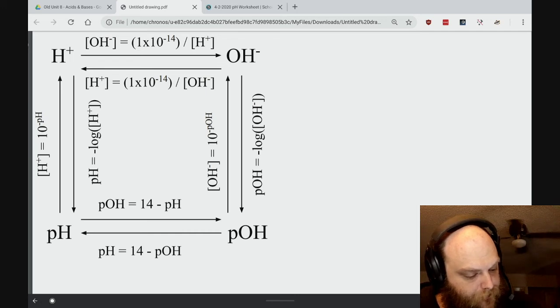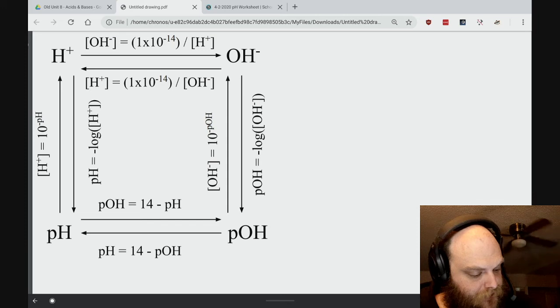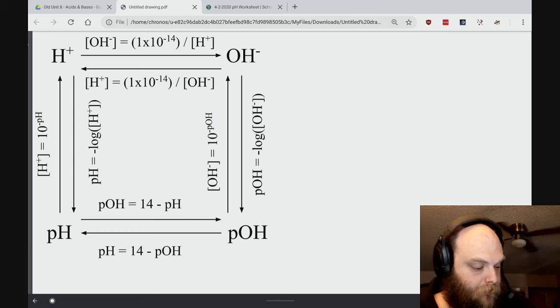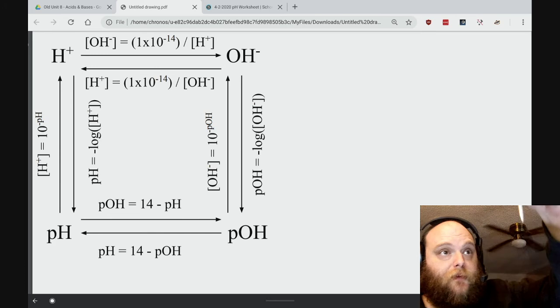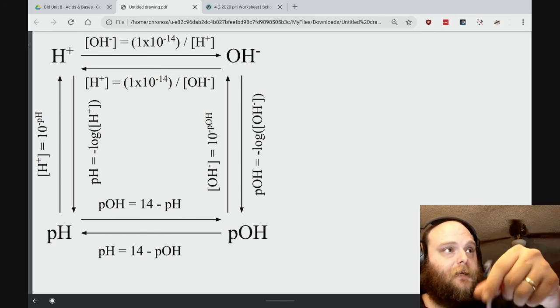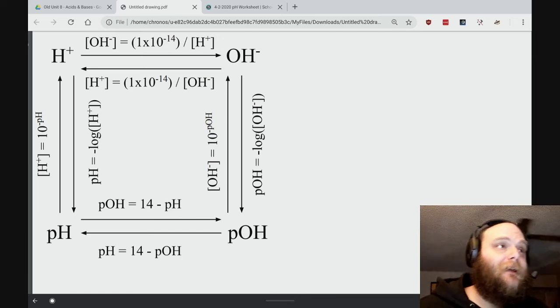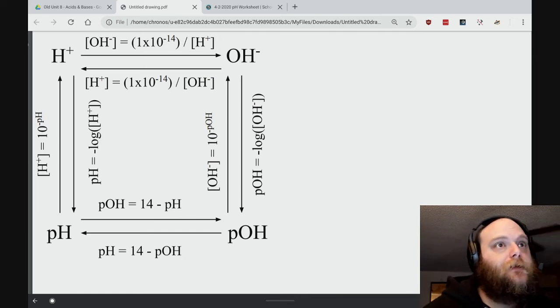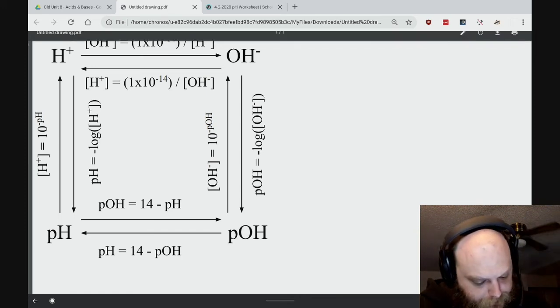So what can we immediately figure out? We're given an H plus concentration. We can figure out the pH, because to calculate the pH, we follow the arrow. The arrow is pointing down, so that's how we calculate the pH. So pH is equal to the negative log of the H plus ion concentration.